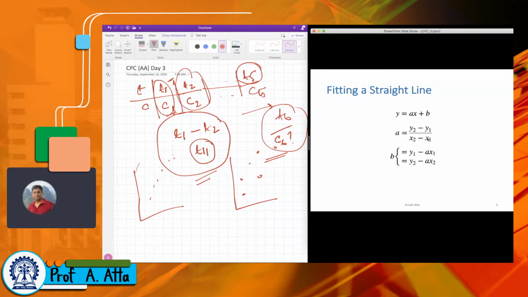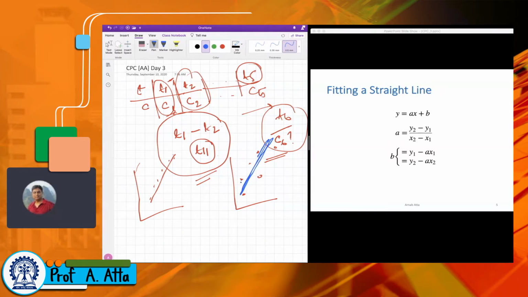Now, in this figure, if it's a closely spaced set of points, as I mentioned earlier, you can have a straight line fit easily. When this is a scattered plot, with widely spaced points, we still try to fit a best fit curve or best fit line in between.